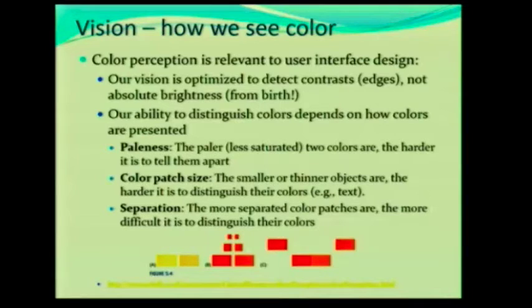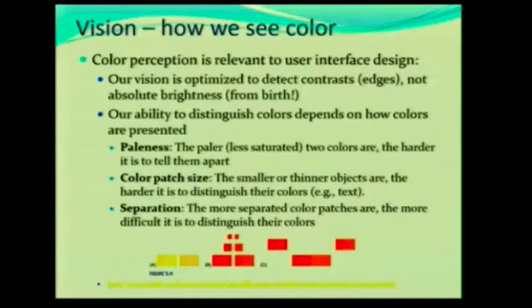Paleness. The less saturated two colors are, the harder it is to tell them apart. So if you're looking at paler colors, a pale blue and a pale pink, it's harder to tell them apart than a bright blue and a bright pink. You guys notice that?